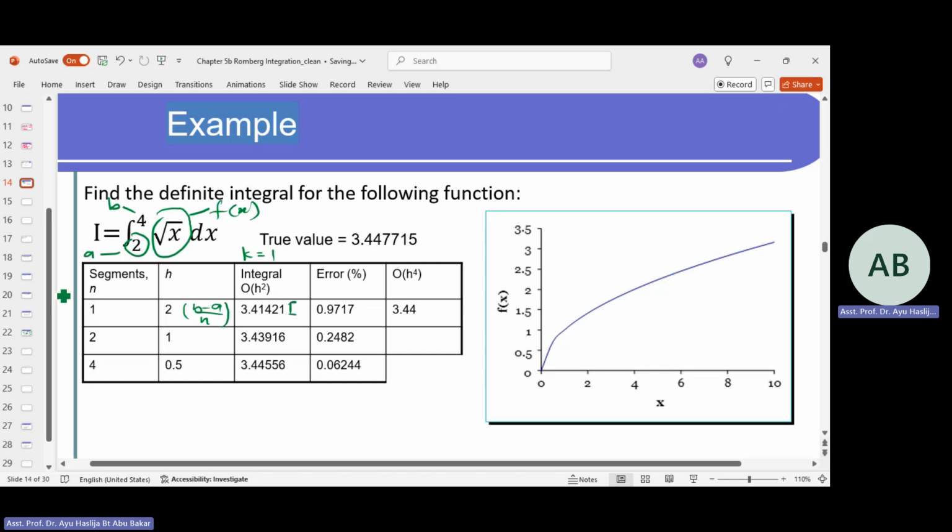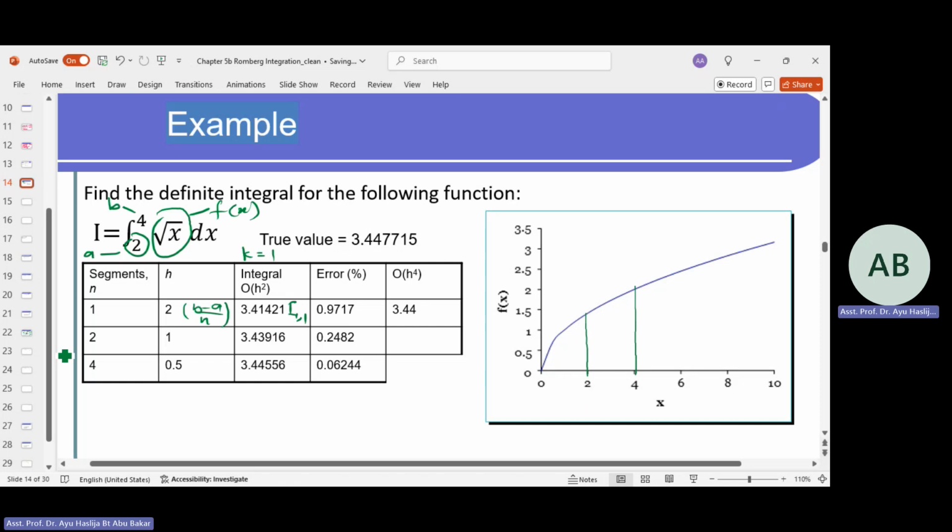Now, first integral, level 1. This is I1,1. This one uses trapezoid integration. The segment is given. For the first, N is 2, 4.